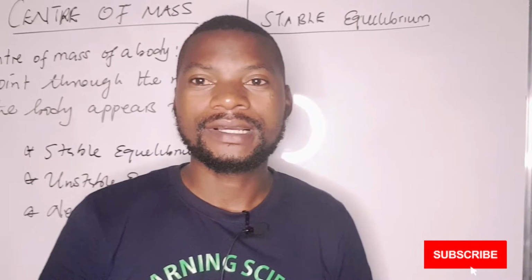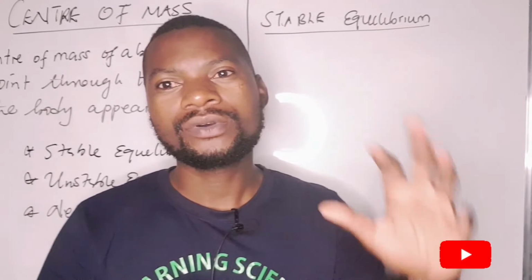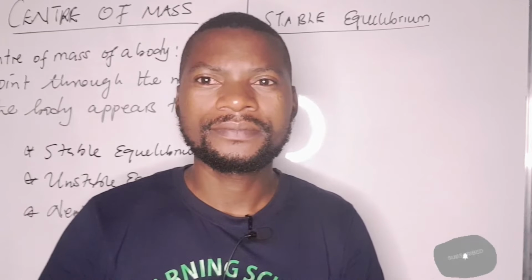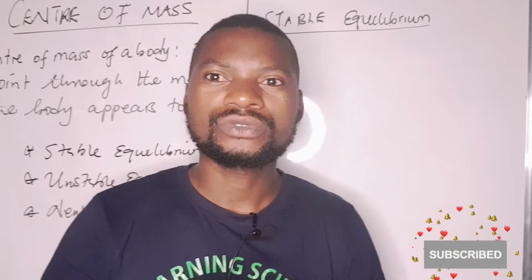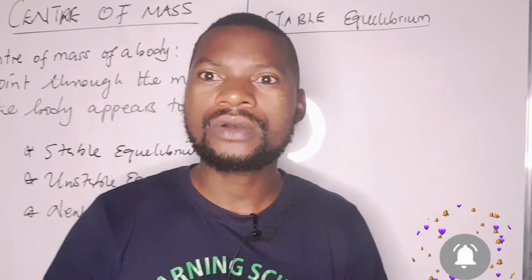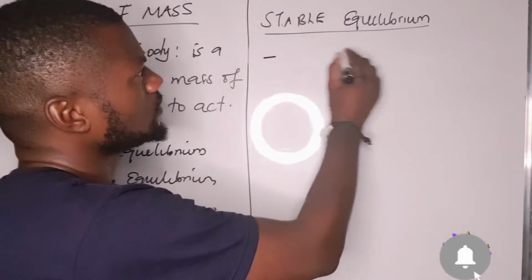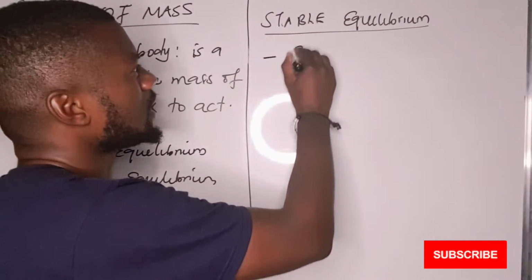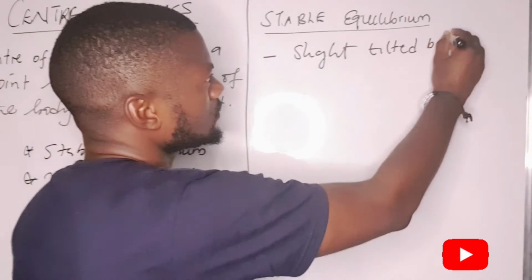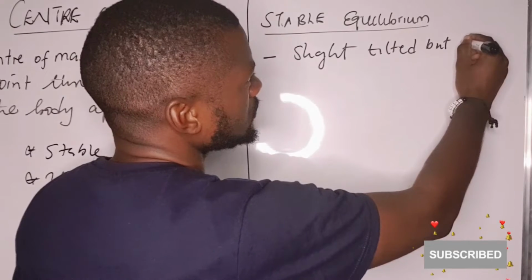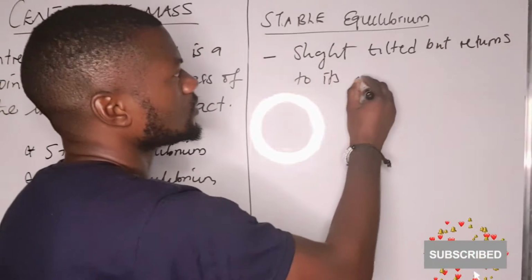Okay, so now let's try to look at stable equilibrium. So we are saying a body is in stable equilibrium when it is slightly tilted but still returns to its original position without toppling.